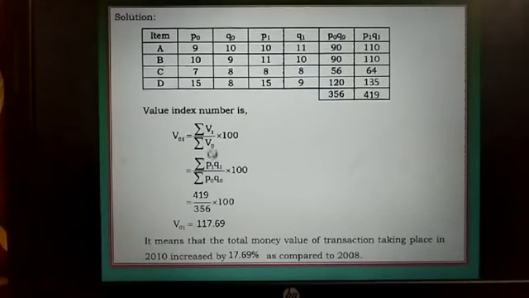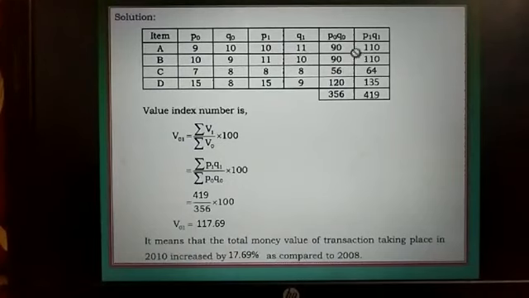Sum of V0 is nothing but summation of P0Q0, multiplied by 100. So after calculating P0Q0 and P1Q1, those summations, we need to substitute the required values here. Sum of P1Q1 is required. So P1Q1 calculation, how it goes? P1 is here, Q1 is here.